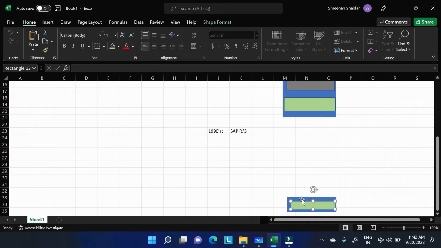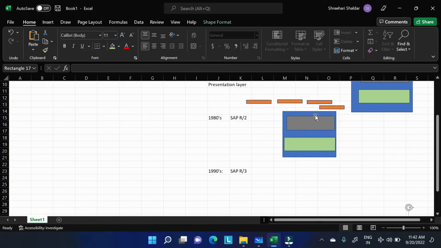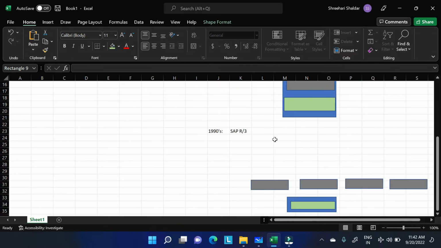For this database layer, they have different applications. Different applications are integrated with this database layer, and these different applications are integrated to different presentation layers.